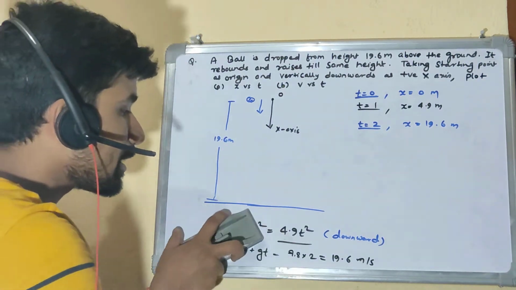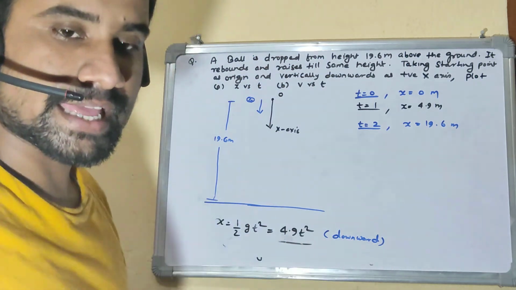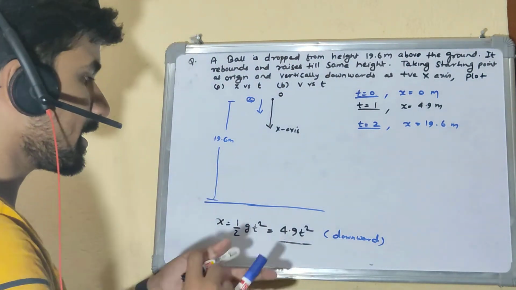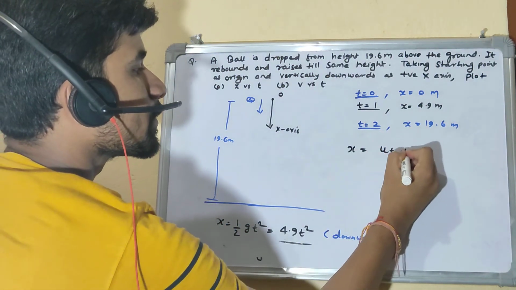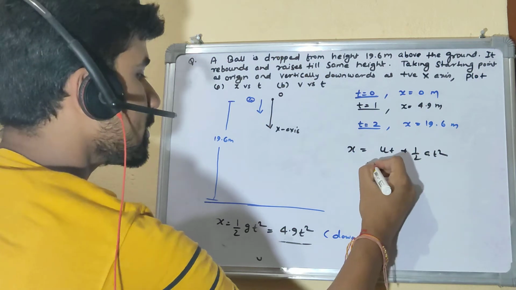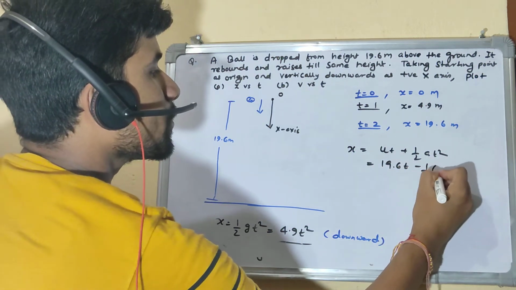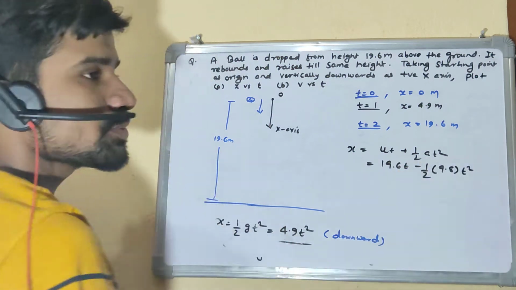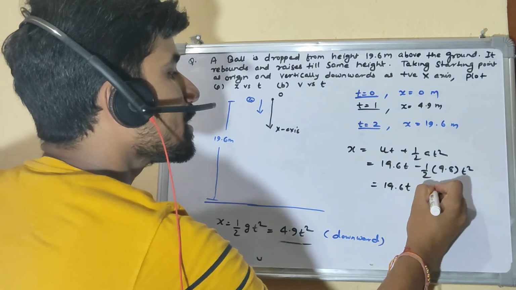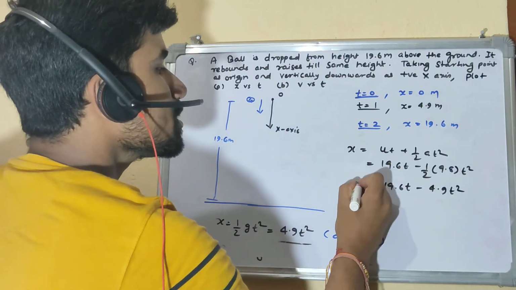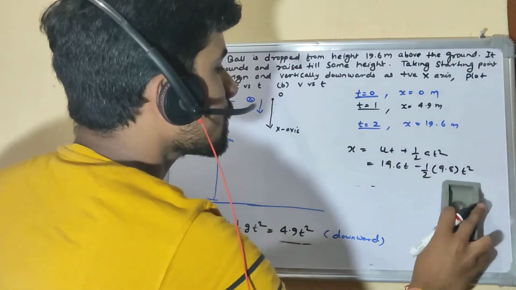So x will be ut minus half at square. This becomes 19.6 t minus half into 9.8 into t square. Why is it minus? Because it is moving upwards. So this becomes 19.6 t minus 4.9 t square, which is the expression for my rebound motion.